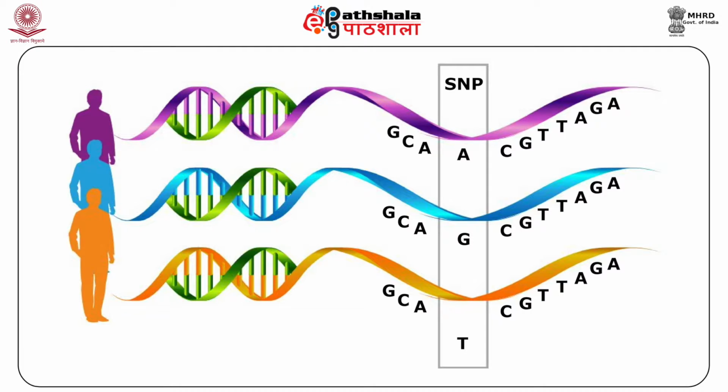In this diagram, the SNP of 3 different individuals is shown. In the first sequence, A is there in the center, and in the second person with the blue strip, this A is replaced at this place with G, and in the third person it is replaced with T. This creates single nucleotide polymorphism.